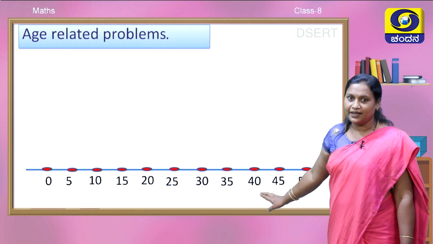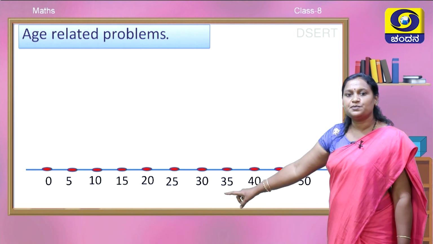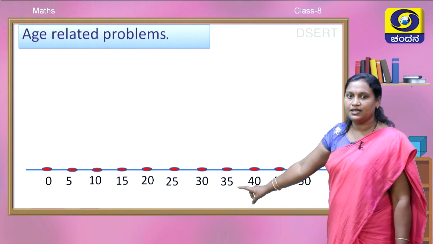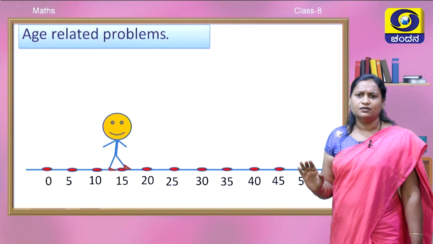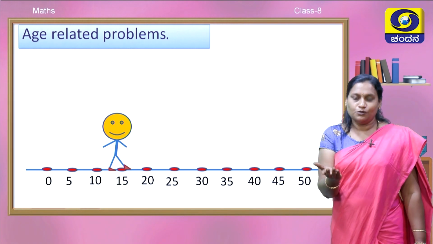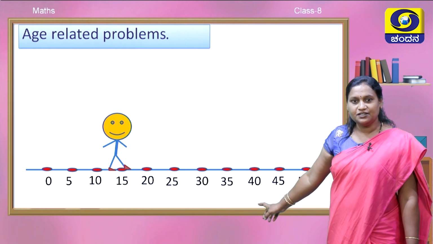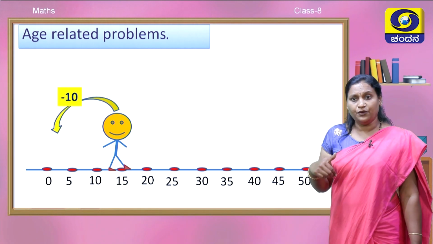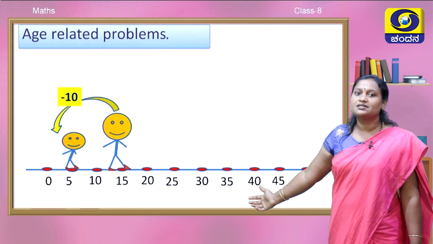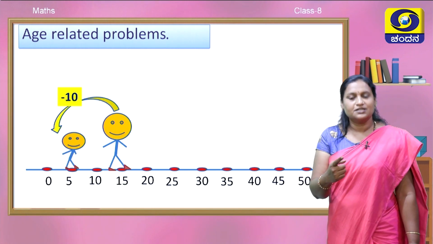Here is a timeline wherein I have given spacing as 5 years: 0, 5, 10, 15, and so on. I have a boy here, of almost your age, let me say 15 years. If I ask him, what was your age 10 years before, he would tell me it is 5, isn't it right?